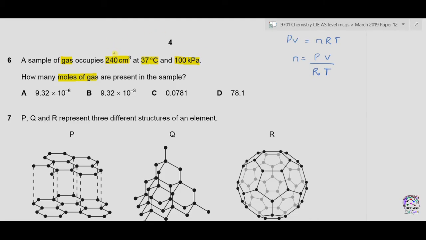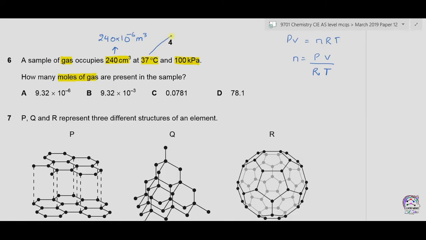Let's first convert the units into appropriate ones. We have 240 cm3. For converting it into meter cube, we have to divide by 10 to the power 6. So the answer will be 240 times 10 raised to the power minus 6 meter cube. For converting temperature into Kelvin, we have to add 273.